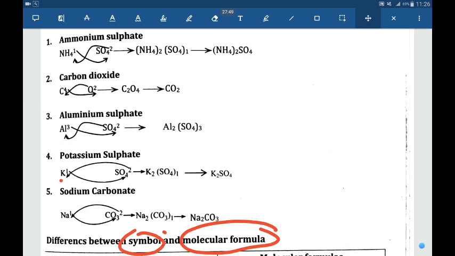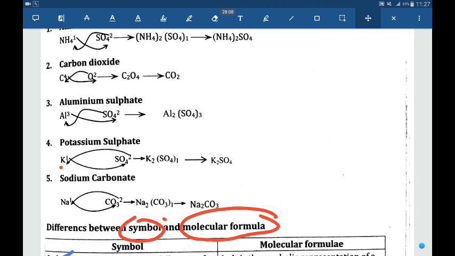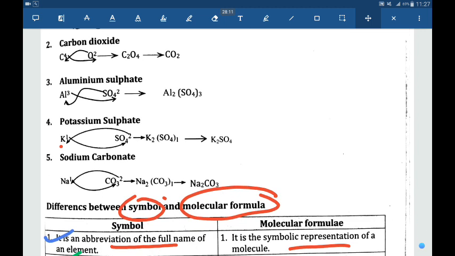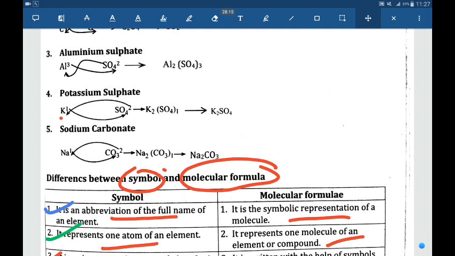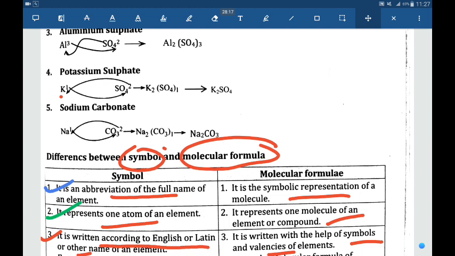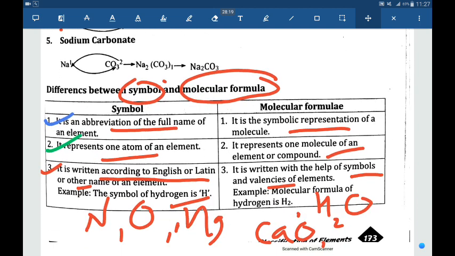Compounds. Write the molecular formulae of the following compounds: ammonium sulfate, carbon dioxide, potassium sulfate, sodium carbonate, water.